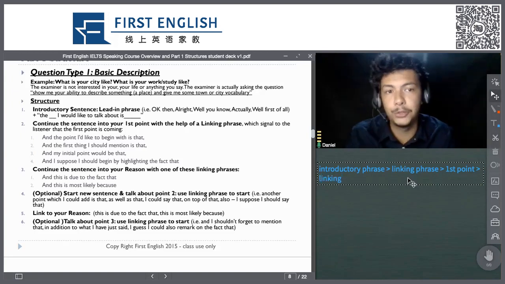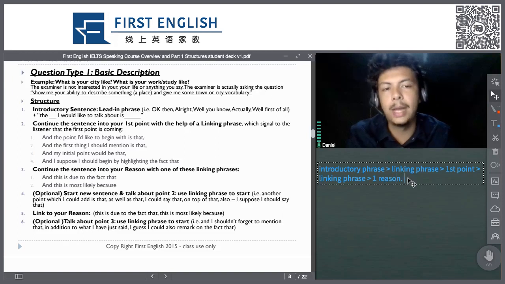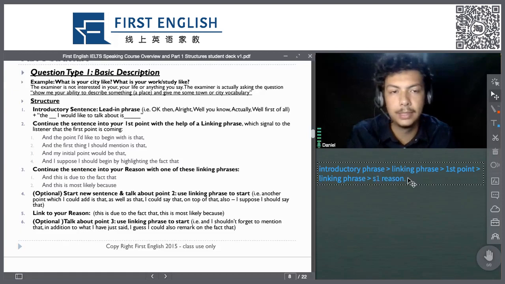Remember, all these linking phrases are just transitioning from each point to our next reason, and so on at any point in our sentence. So another linking phrase into our first reason, and then that is going to conclude our first sentence.